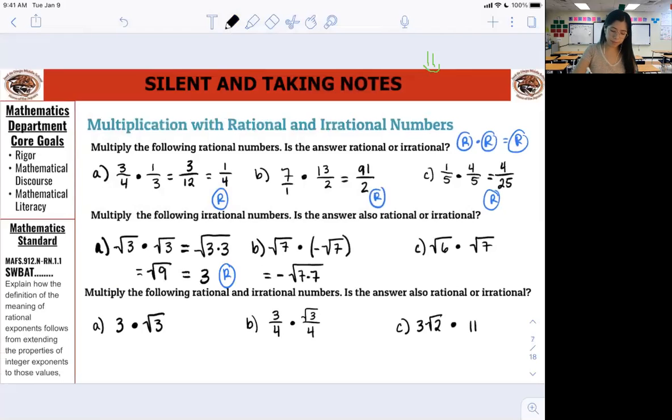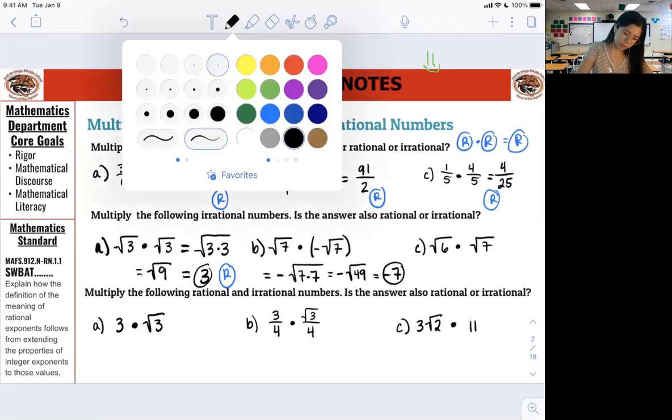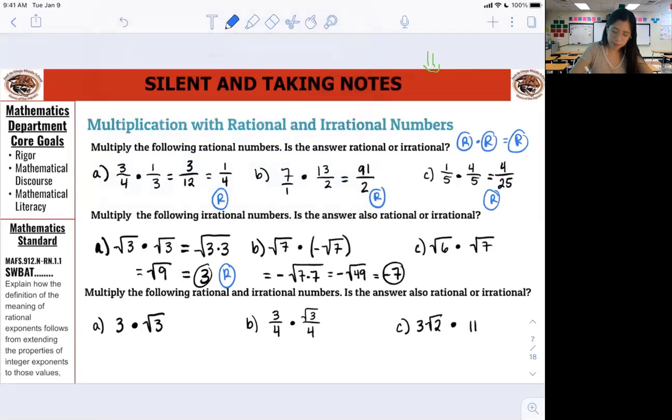What's 7 times 7? 49. And what's the square root of 49? 7. So I end up with negative 7. Rational or irrational? Rational. That's a rational number. So, okay, interesting. So far, an irrational number times an irrational number is a rational number.